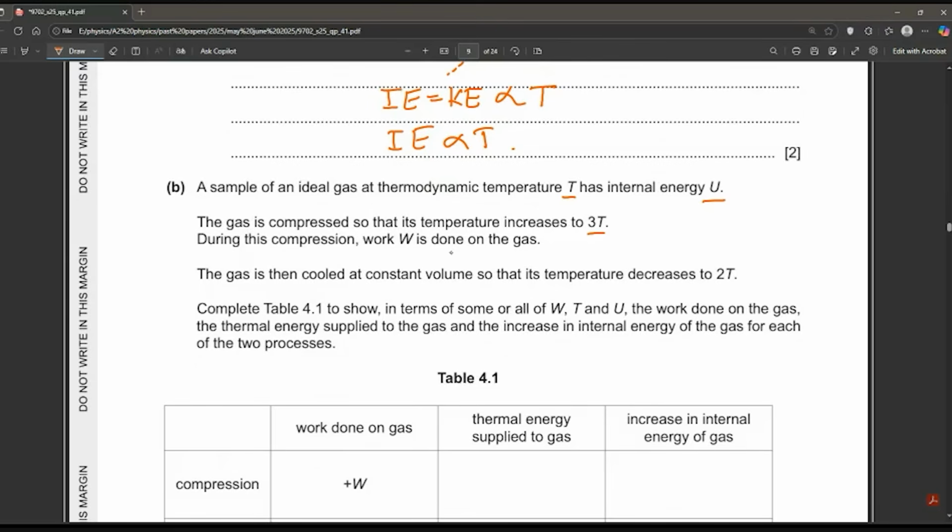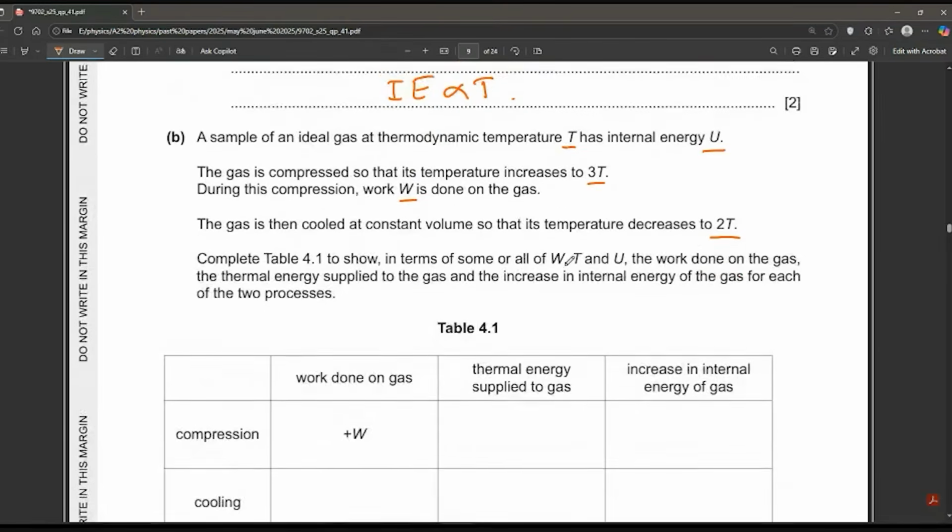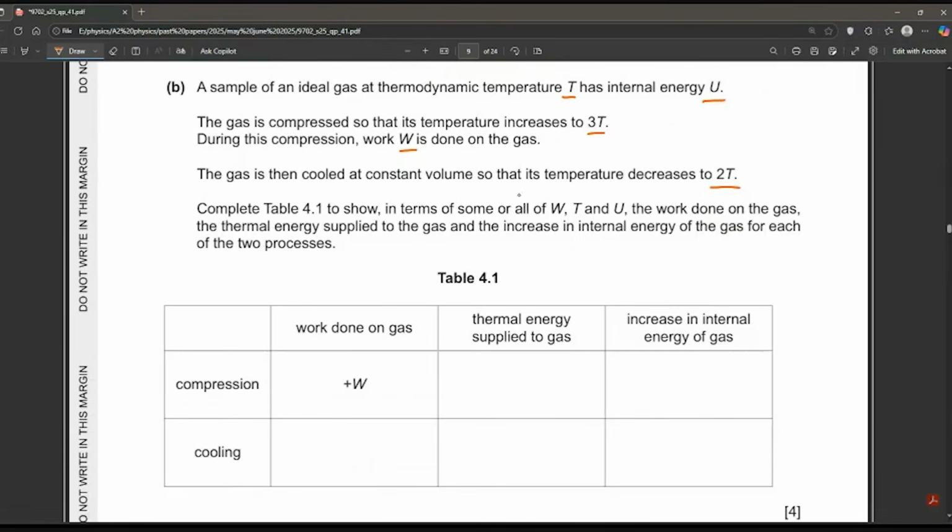During this compression, the work done on the gas is W. The gas is then cooled at constant volume so that its temperature decreases to 2T. Complete table 4.1 to show in terms of some or all of W, T and U the work done on the gas, the thermal energy supplied to the gas, and the increase in internal energy of the gas for each of the two processes.